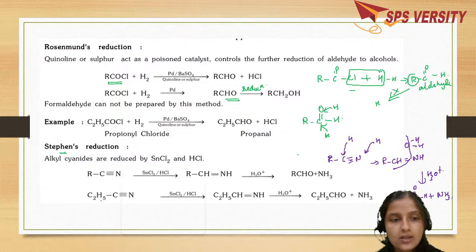So if you start with ethane nitrile, that results in the formation of propanal.